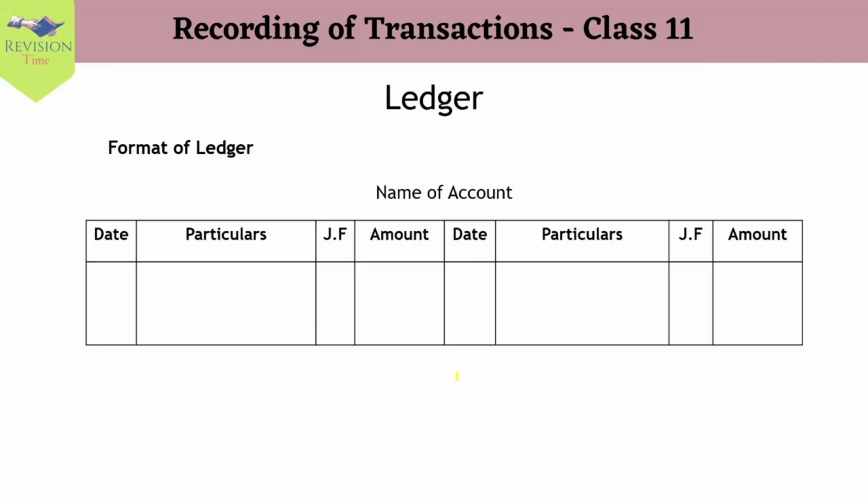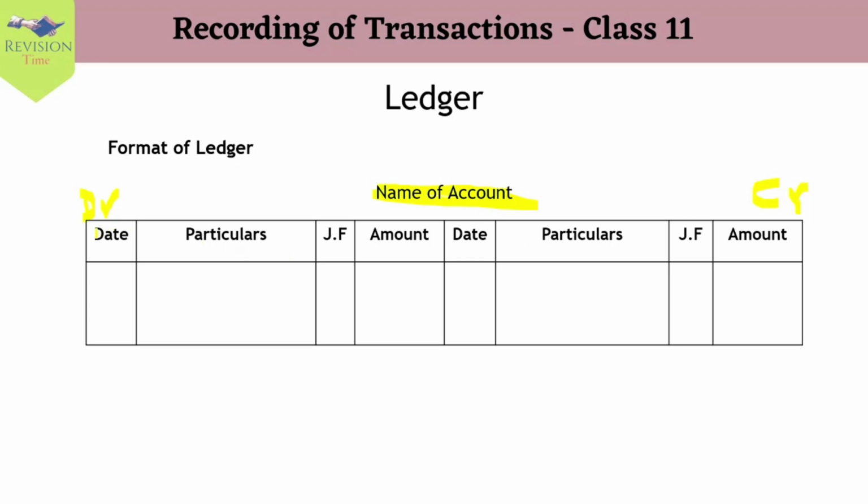Now let us look into the format of ledger. Above we have the name of the account in which we are posting the entries. Then here we have the debit side, and on the right hand side we have the credit side.